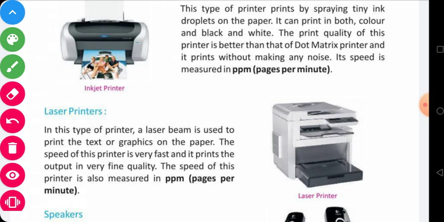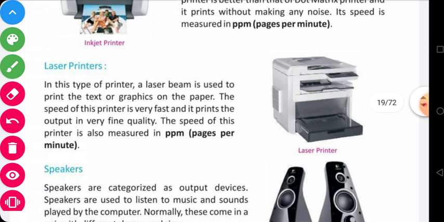The second difference is that the image quality in an inkjet printer is very fine as compared to a laser printer, whereas text is very fine in which printer? Laser printer. So the main difference between the two is that the quality of image is greater in which printer? Inkjet printer. And the quality of text is greater in which printer? Laser printer.